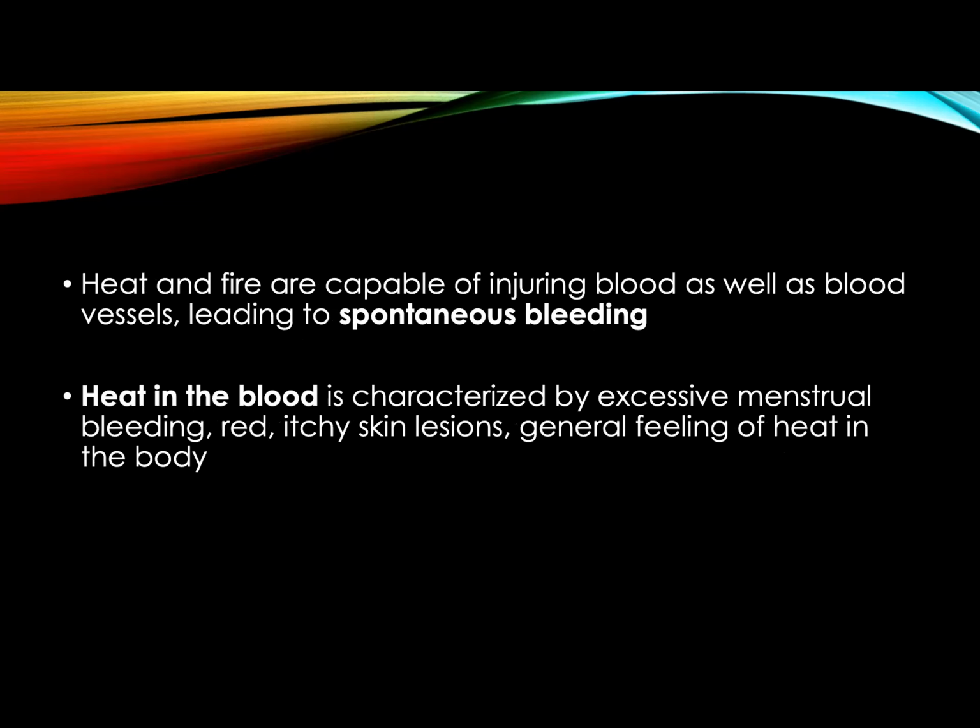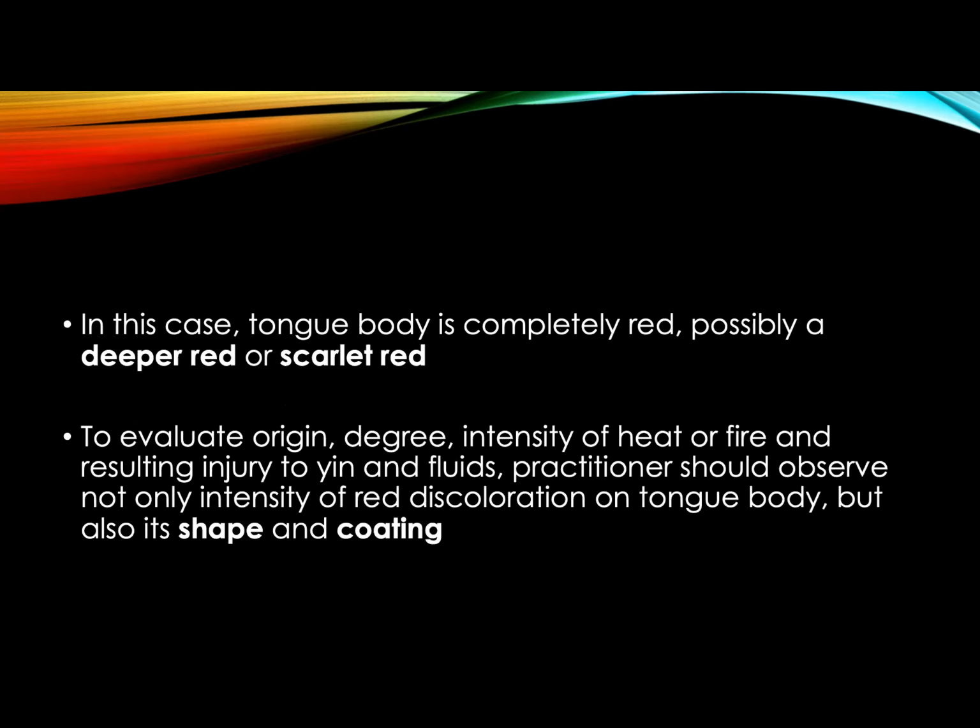Heat and fire are capable of injuring blood as well as blood vessels, leading to spontaneous bleeding. Heat in the blood is characterized by excessive menstrual bleeding, red, itchy skin lesions, general feeling of heat in the body. In this case, the tongue body is completely red, possibly a deeper root or scarlet red.